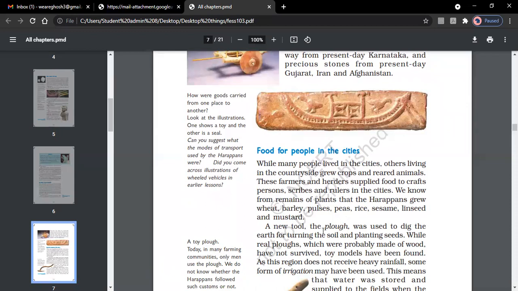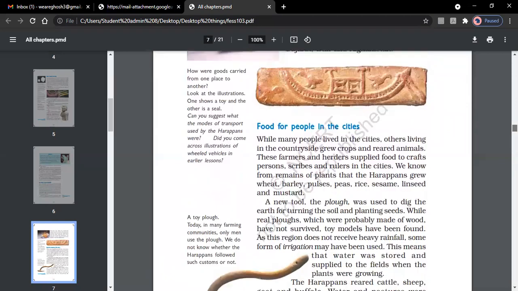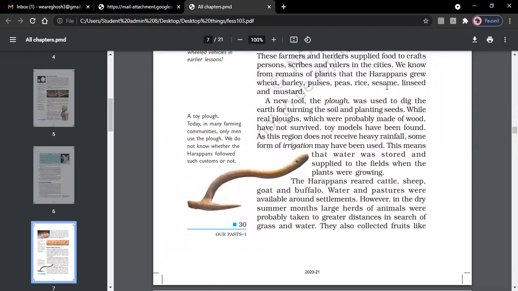And what do you know about the plow? Underline the word plow. What is the plow? What is the specialty of this new tool? This paragraph is your complete answer. Then, what is the type of irrigation?